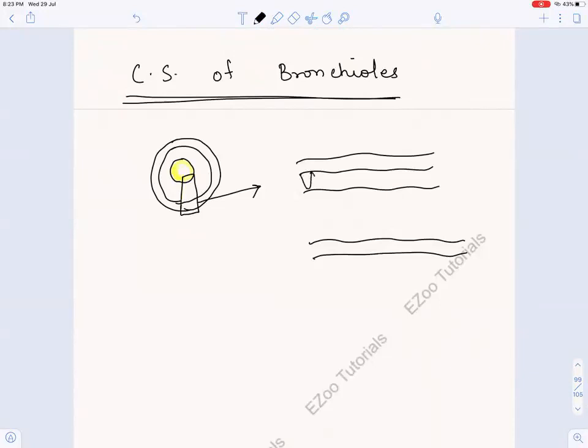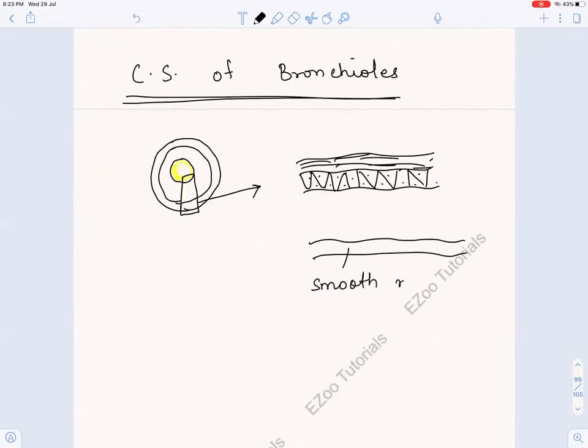These are the pseudostratified columnar cells that I am drawing, and this is the smooth muscle that I have drawn.